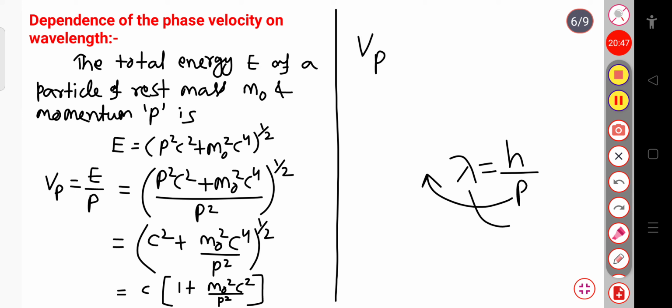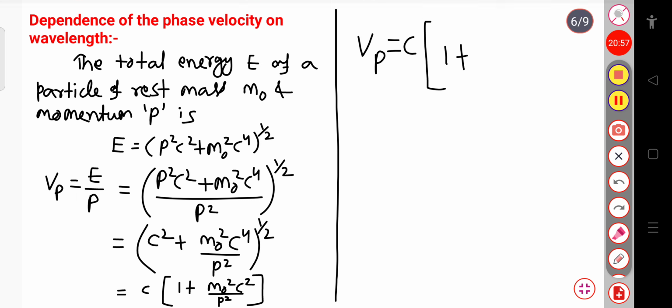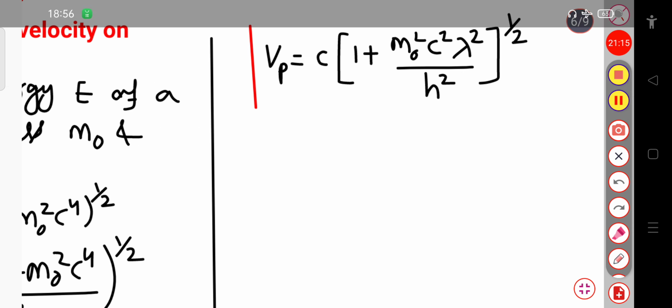So Vp is equal to c into (1 plus m naught square c square into lambda square divided by h square) whole power 1 by 2. So this is the relation between the phase velocity and the wavelength.